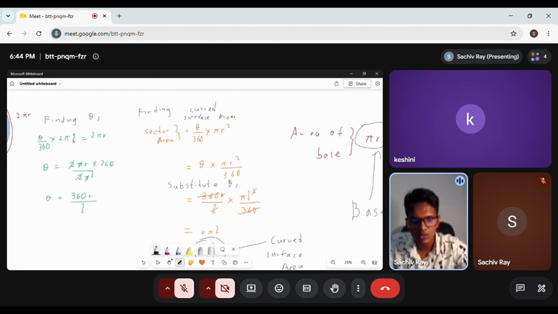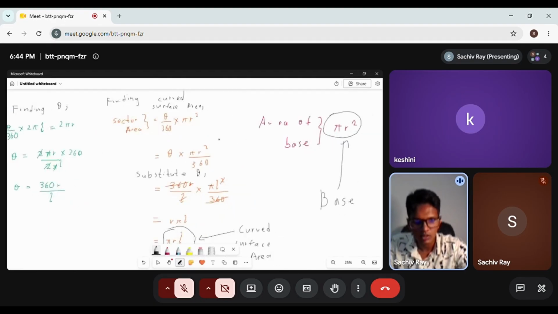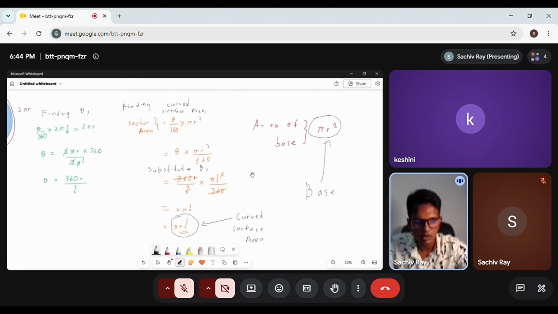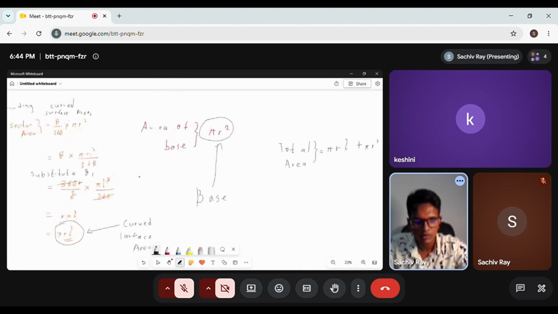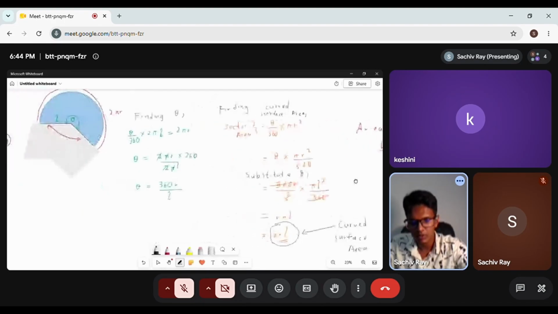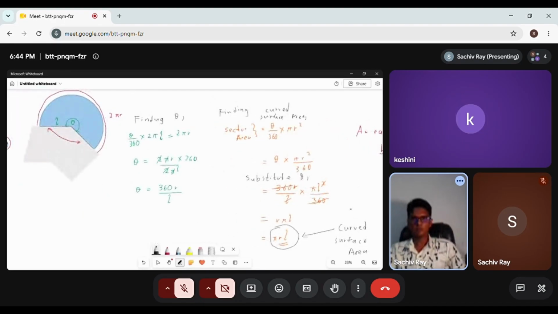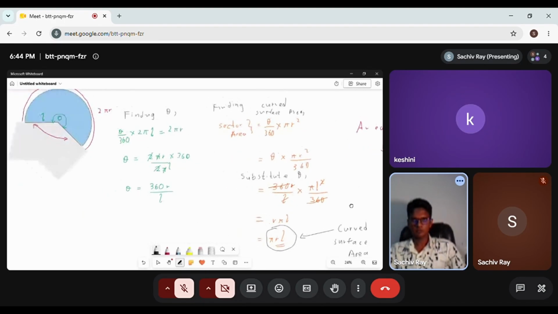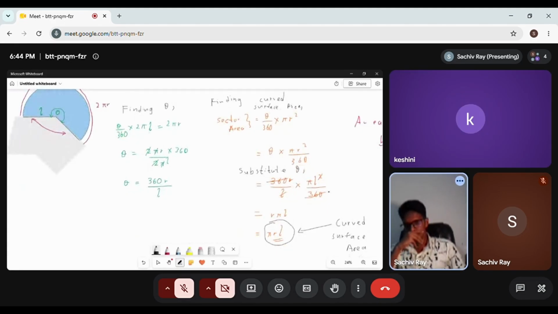Finding curved surface area. Put a comma and write this down. Write that down, and tell me when you're done.